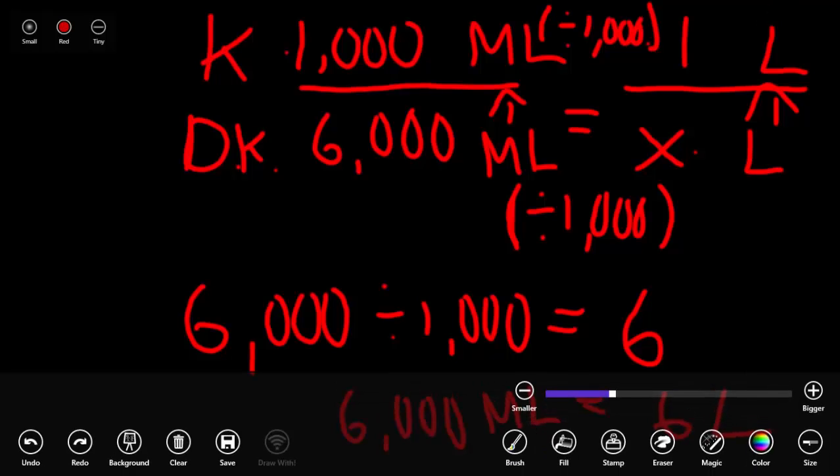Now we're going to do another one, just to show a different example, because we were converting from a smaller unit to a larger unit. When you're converting from a smaller unit to a larger unit, you're dividing. But if you're converting from a larger unit to a smaller unit, you're going to multiply because you're going to have a larger number.